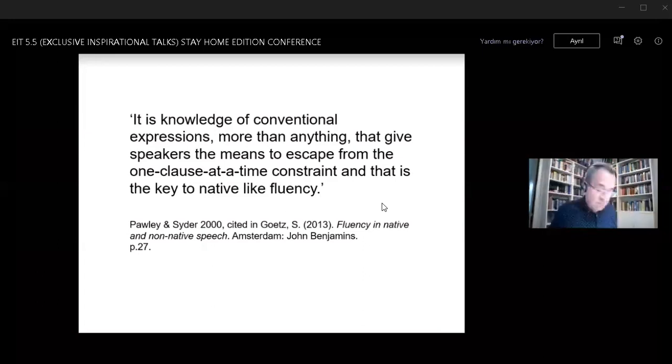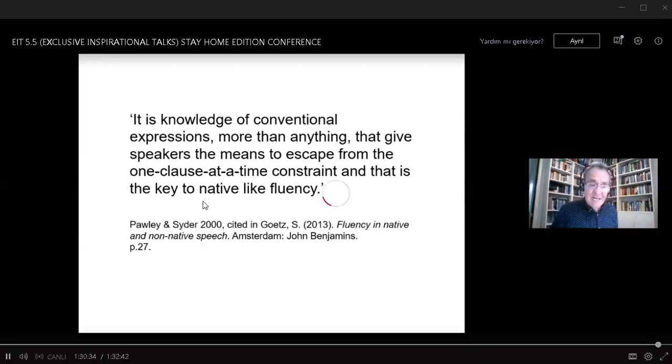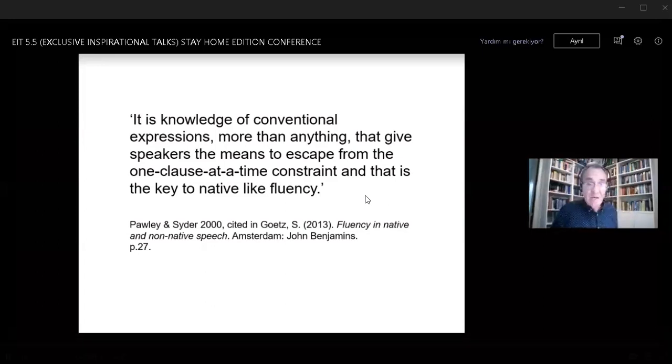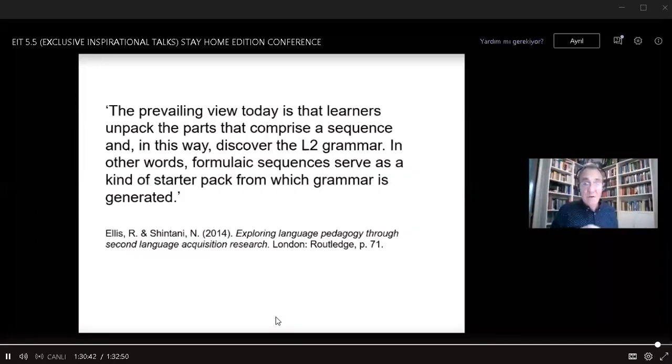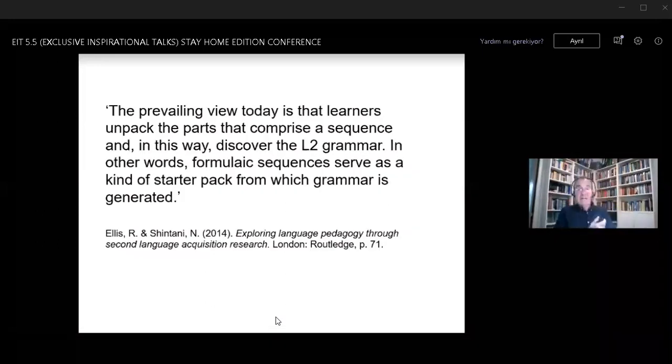And this is other writers, researchers into second language acquisition, who say not only does it give you fluency, but it may in fact give you grammar as well, without having to teach grammar or learn grammar. So Rod Ellis and Shintani say, in a summary of recent research, this is the prevailing view.